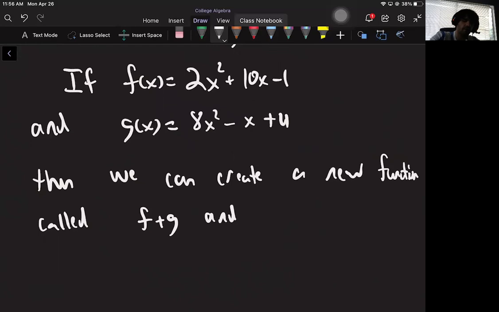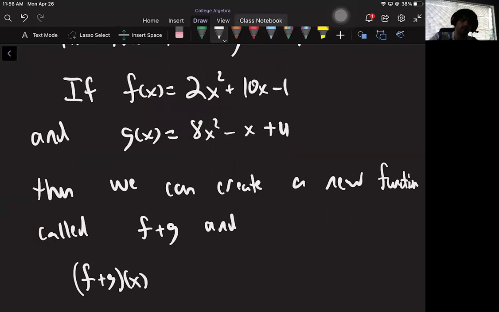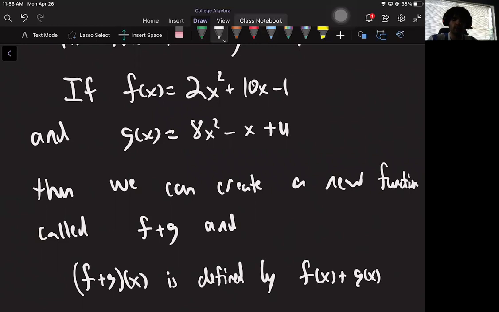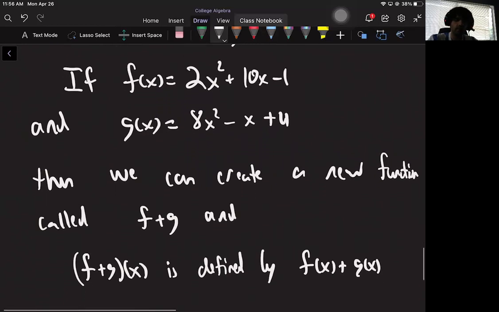Well, that means figuring out what is f plus g of x. And it's just adding the two functions together, is defined by adding these two things together. So we'll just do the example and it'll be a little bit less confusing.